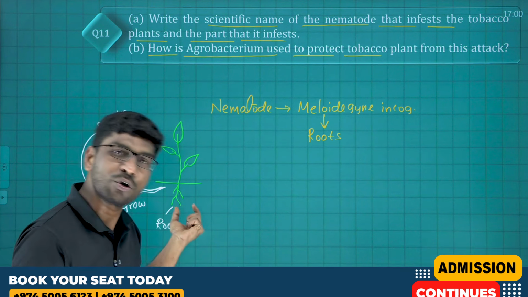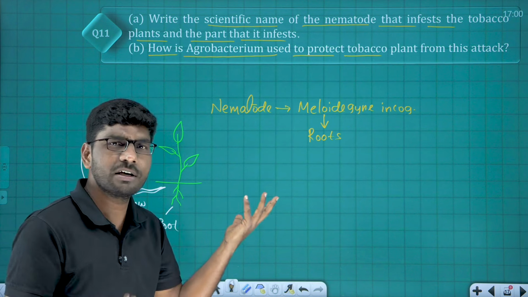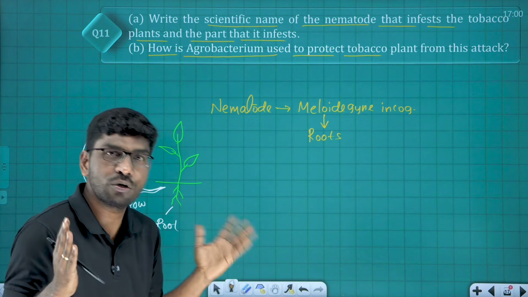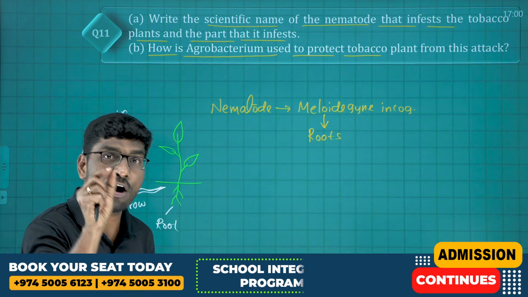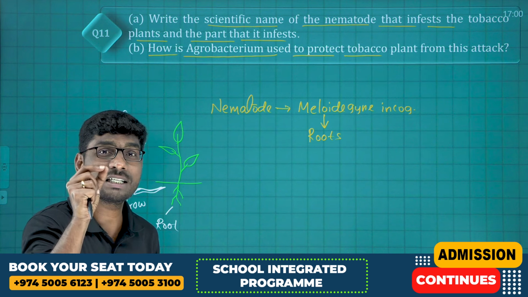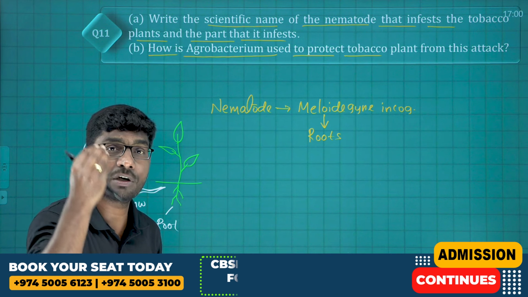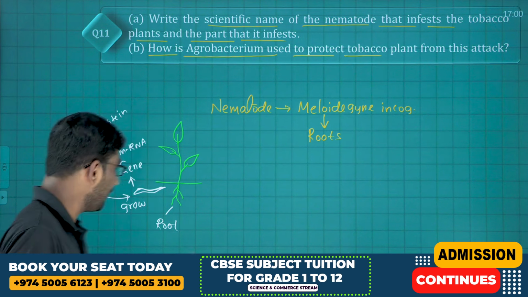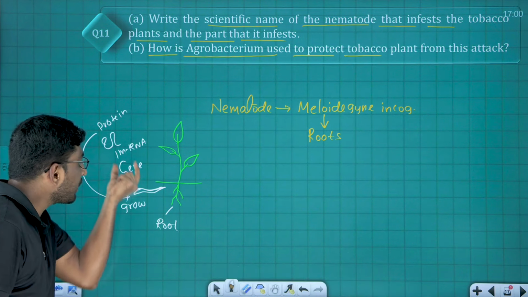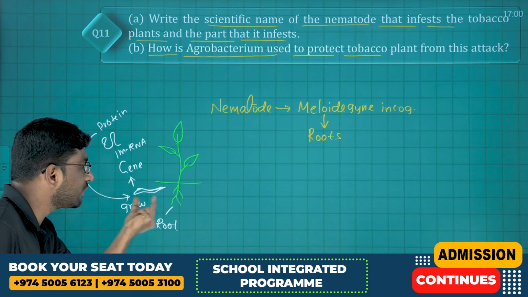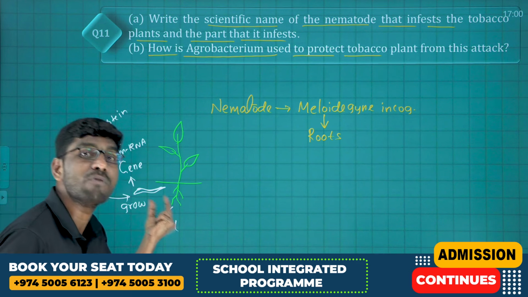Will this nematode grow? No, sir. The nematode worm cannot grow. So with the help of a novel strategy, the RNAi mechanism, a gene silencing mechanism, we are silencing the specific gene of this Meloidogyne incognita worm.